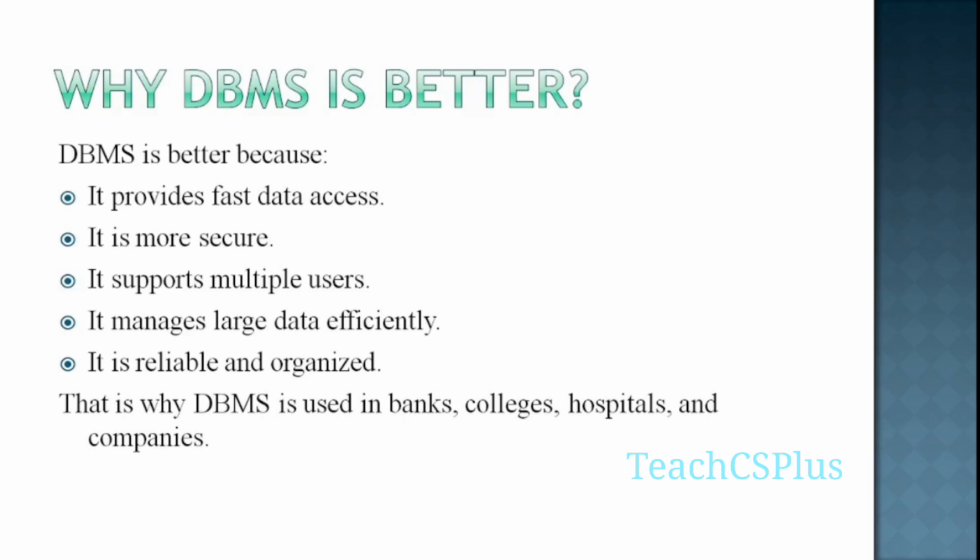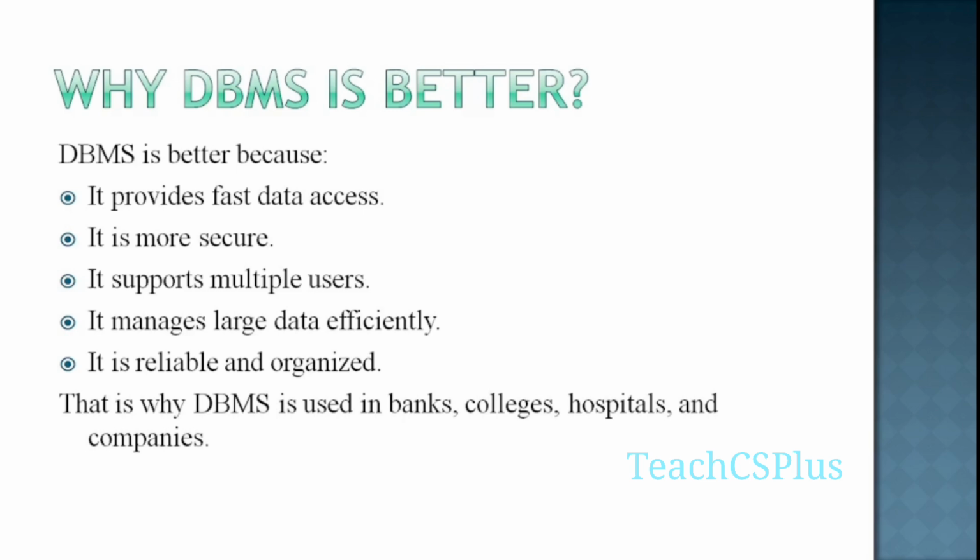Why is DBMS better? So till this part we understand that DBMS is very much better than our older file system. Why is it better? It is better because it provides fast data access. Yes, very fast data access is provided by a database management system because searching data is very easy here.